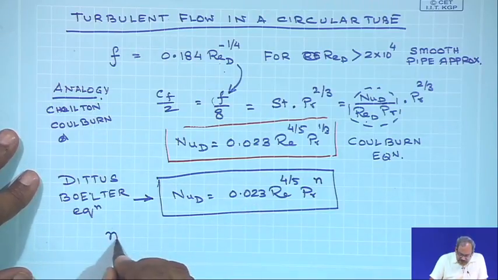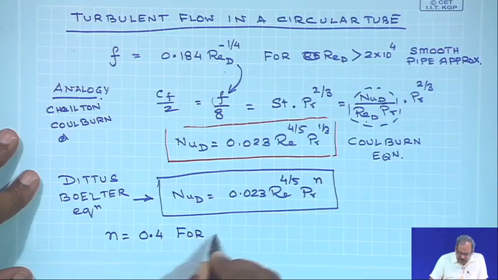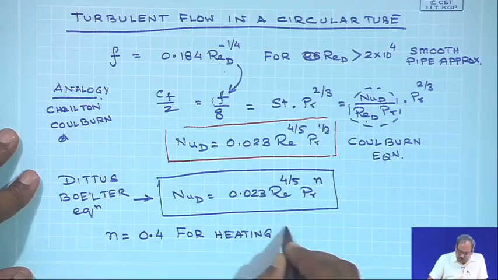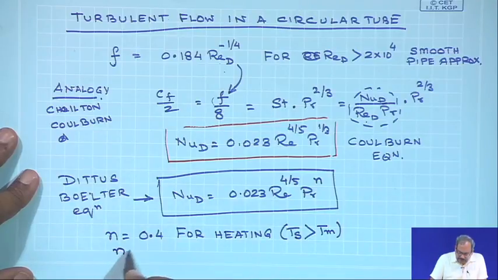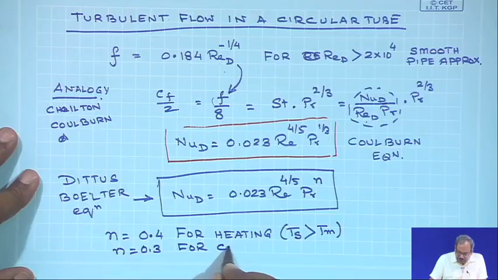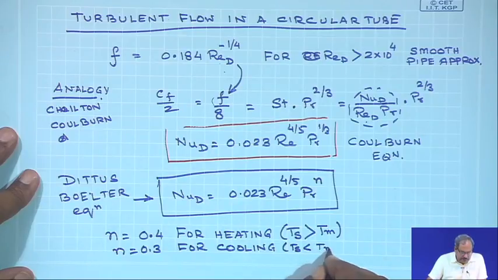Now, this n will have a value equal to 0.4 for heating, which is when the surface temperature is greater than the mean temperature of the fluid, and n is going to be equal to 0.3 for cooling, when Ts is going to be less than Tm.